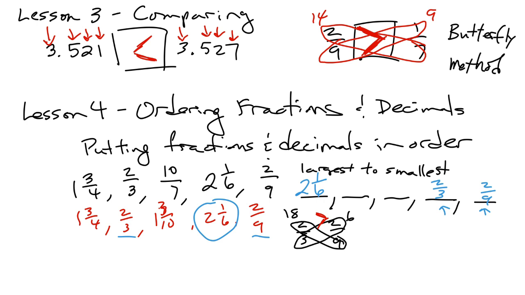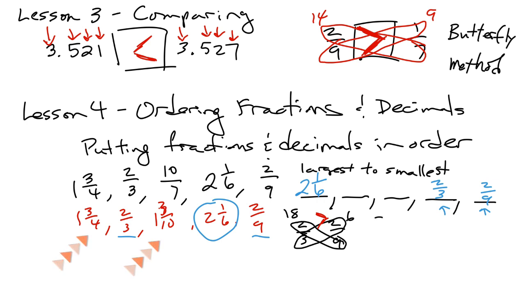Now, if you had answer choices A, B, C, D, then you would start looking to see which answer choices had these in this spot, and you may not even have to deal with the 1 3/4 and 1 3/10. But unfortunately, we don't have that, so we're going to have to determine which of these is bigger. Well, since both of them have a whole number part of 1, then all I need to compare is the fractional part.